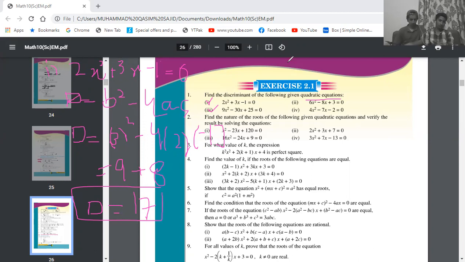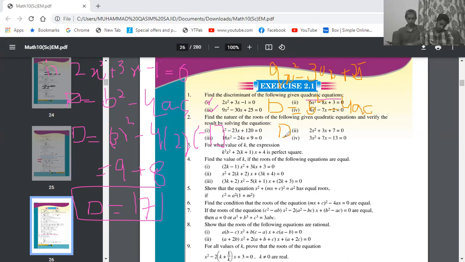Now for the second one. Second is this part, 9x square minus 30x plus 25 equals 0. So discriminant equals, first you have to write the formula. Discriminant equals b square minus 4ac.